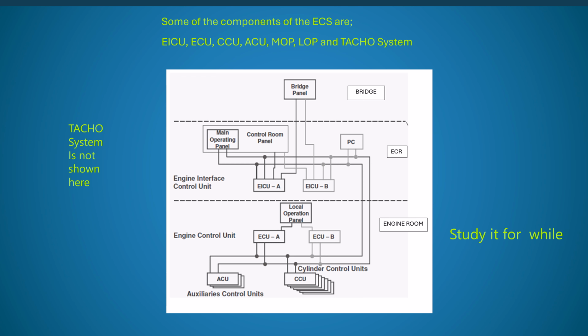Just very briefly, very broadly, very simply speaking: bridge control, bridge system. We have the main operating panel, which is in the control room. We have EICU A, EICU B. EICU is the engine interface control unit. If you remove the I from EICU, what becomes ECU? Engine control unit. So by putting the I, making it EICU, it is the engine interface control unit.